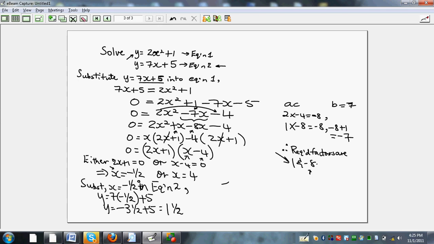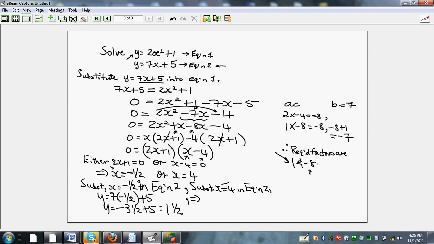If I substitute x equal to 4 again into equation 2, what will I get?